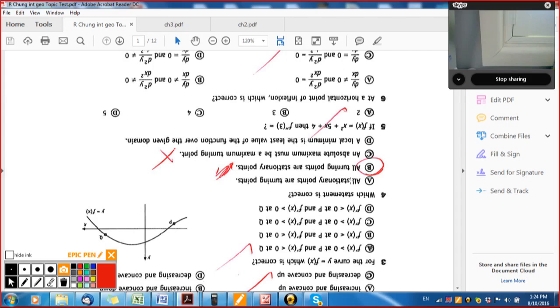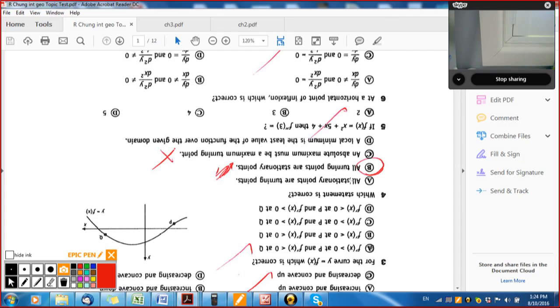So what about a normal point of inflection? Is that a stationary point? I think so. What is the definition of a stationary point? A stationary point is basically when y dash is equal to 0.